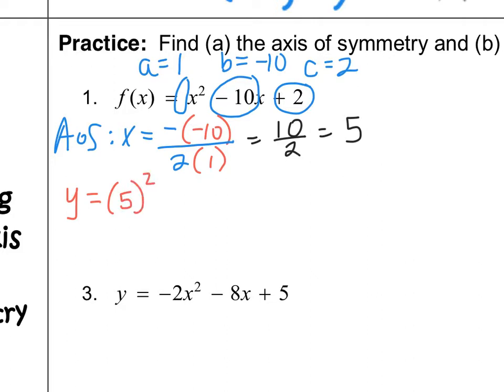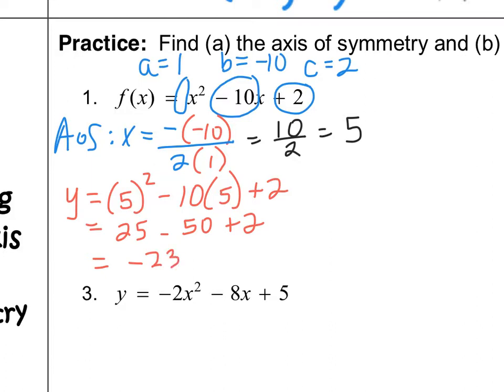So 5 squared minus 10, and instead of x, we put a 5 again, plus 2. As we start simplifying, that equals 25 minus 50 plus 2, and that whole thing equals negative 23.